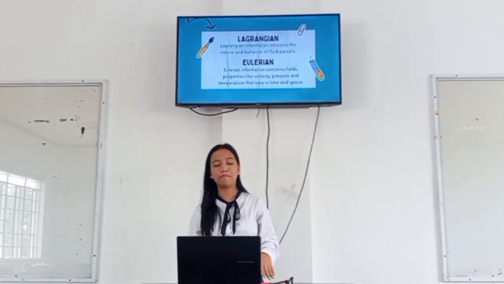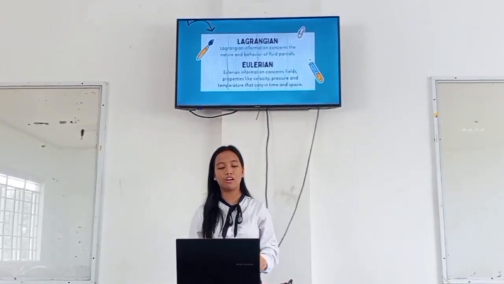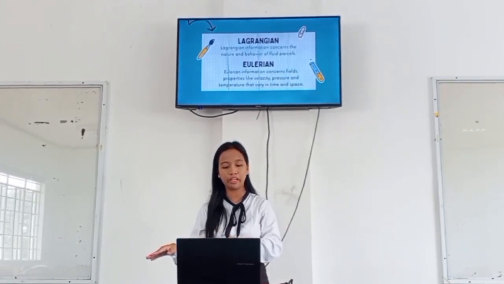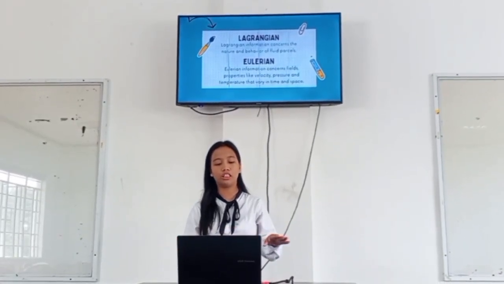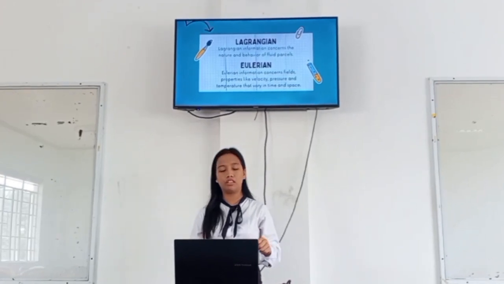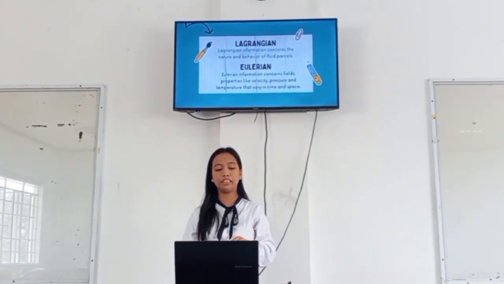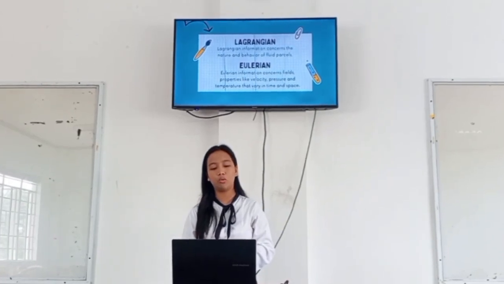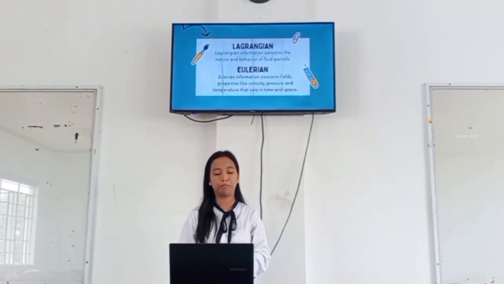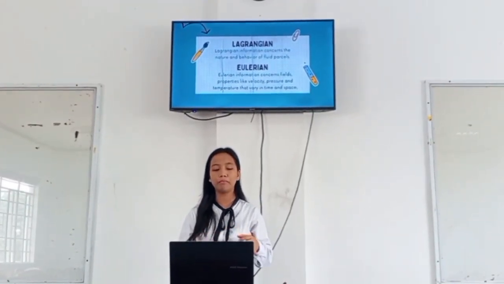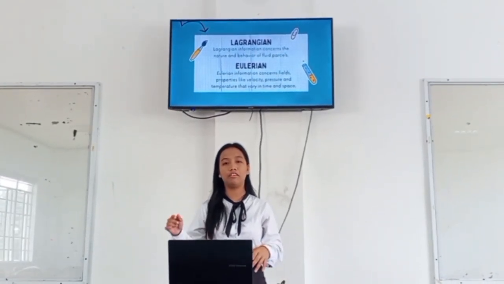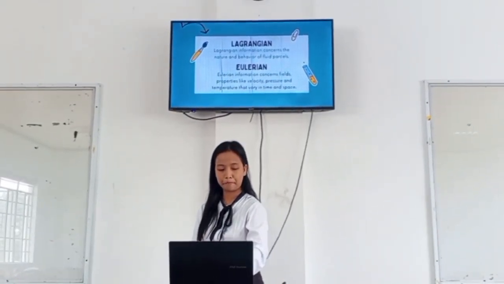For example, imagine standing on the bank of a river and measuring how fast the water is flowing at a particular spot. The Eulerian method is like placing sensors at different points in the water and reporting how the speed, pressure, or temperature of the water changes as it flows past this fixed point.